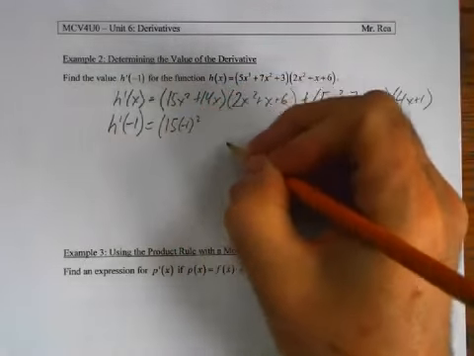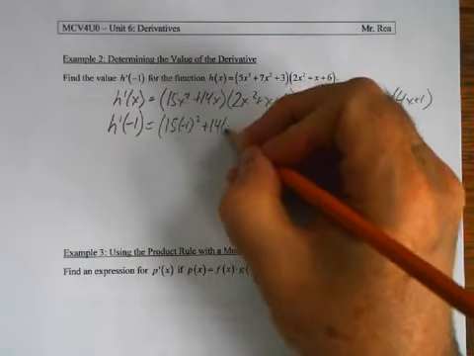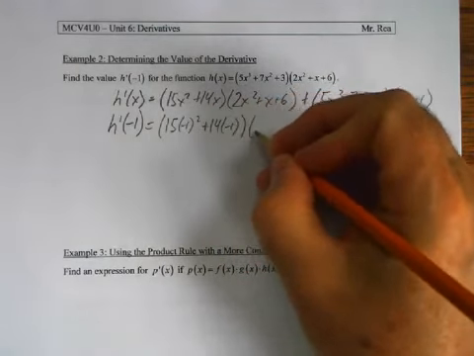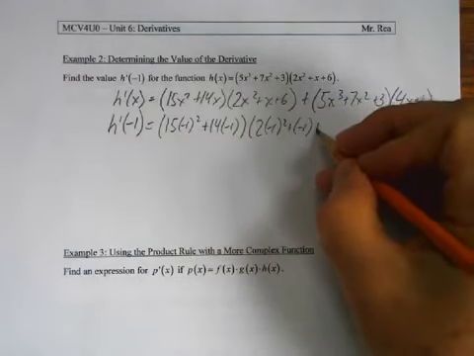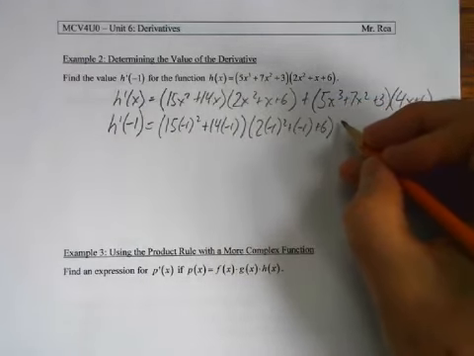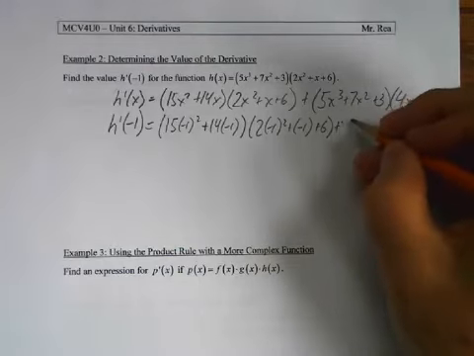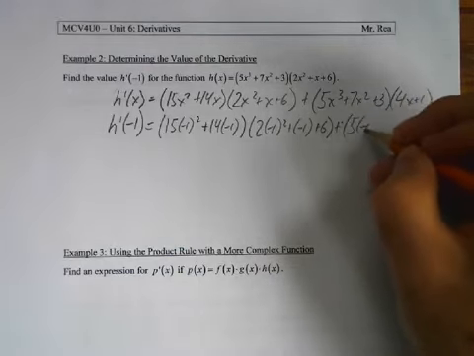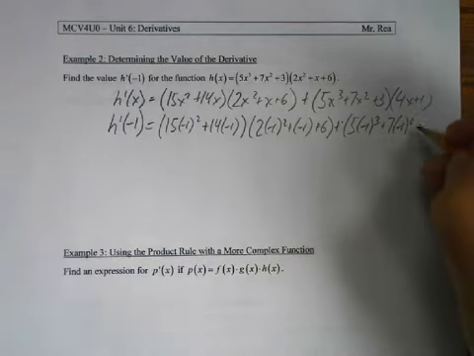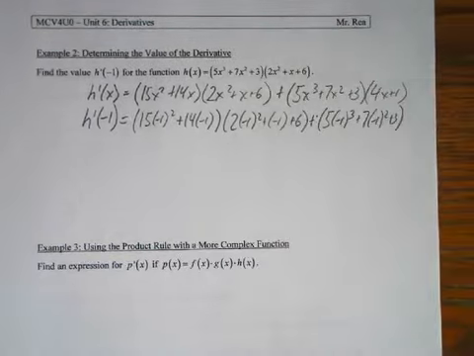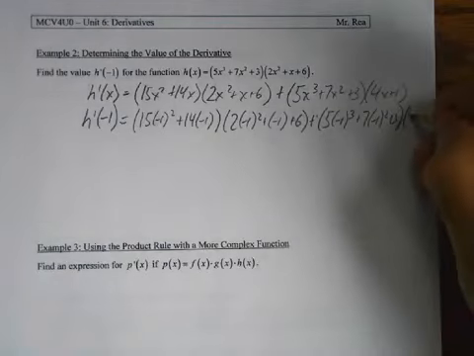So everywhere I see an x becomes -1. So 5 times -1 cubed plus 7 times -1 squared plus 3. Running out of room, so that's a 4 times -1 plus 1.